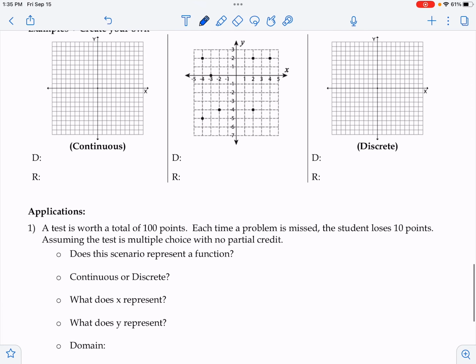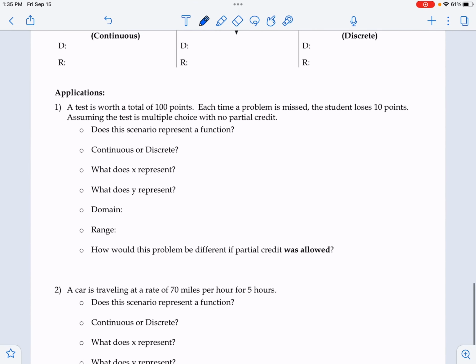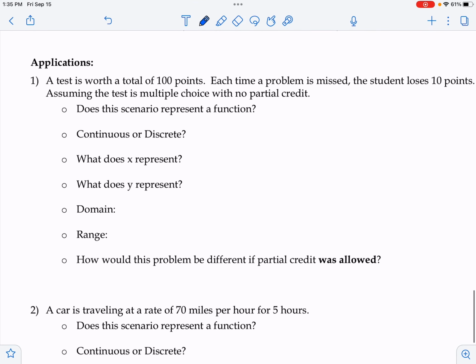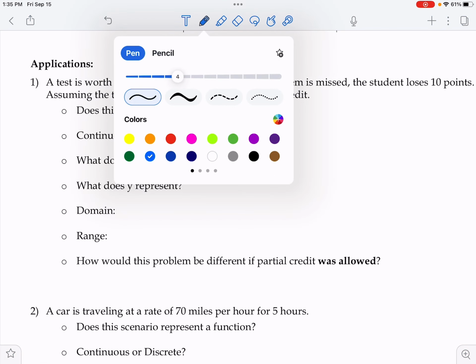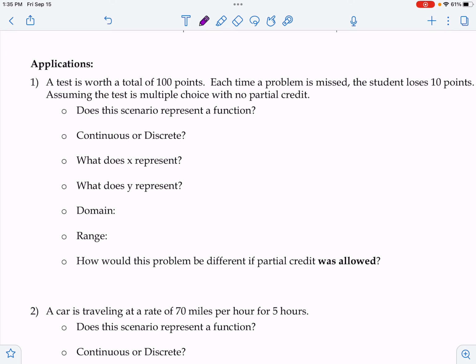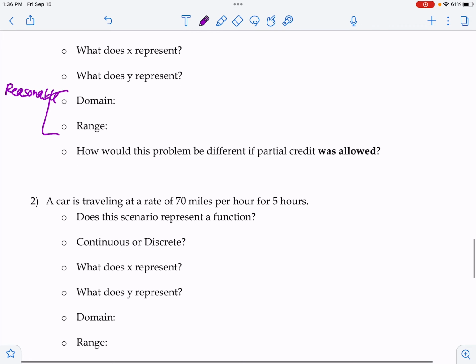And then the last thing we're going to talk about is when you have a word problem, they're going to ask you for what we call an appropriate domain and range, or a reasonable domain and range.